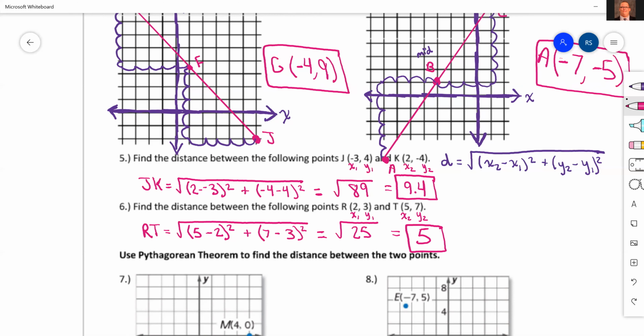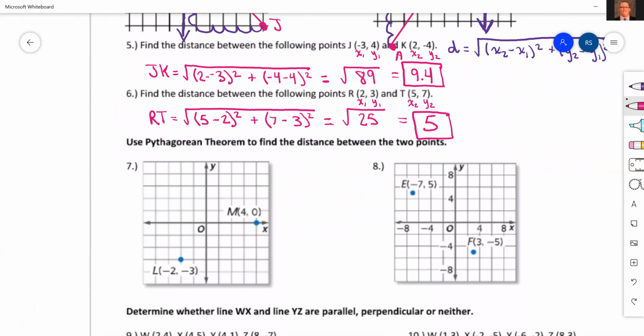Okay, keep it moving and look at 7 and 8. So these ask us to do the Pythagorean Theorem. Remember, the Pythagorean Theorem is the whole a squared plus b squared equals c squared.